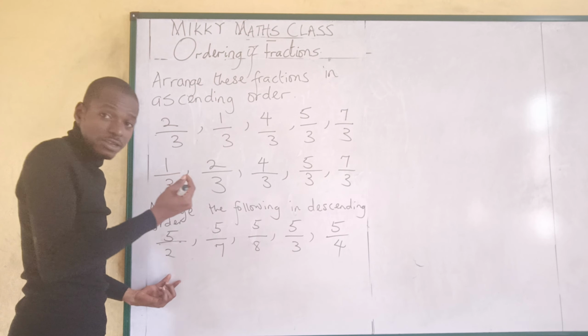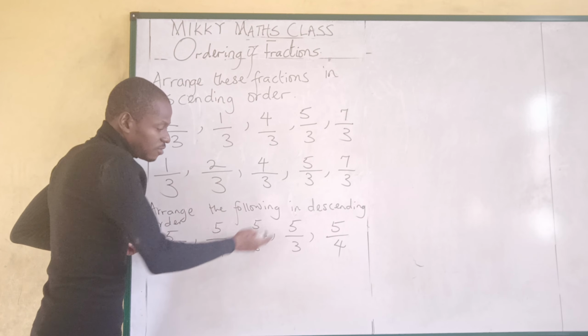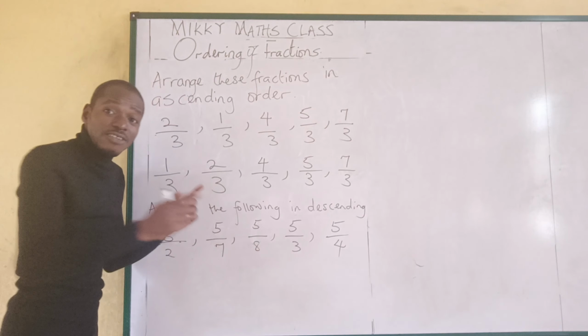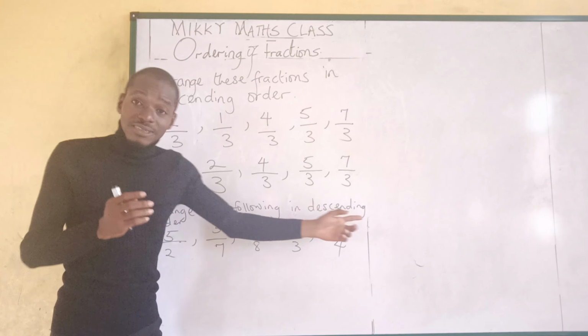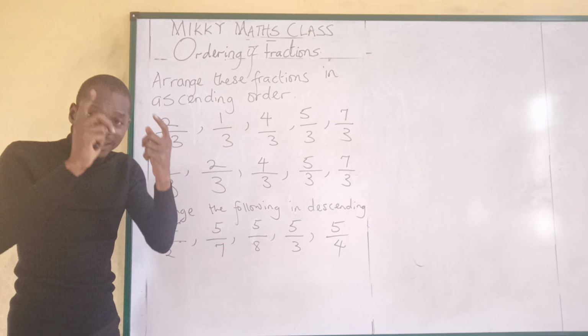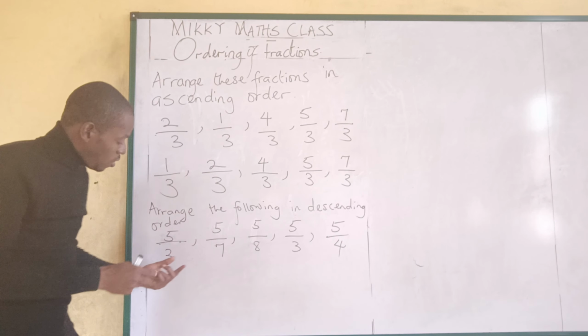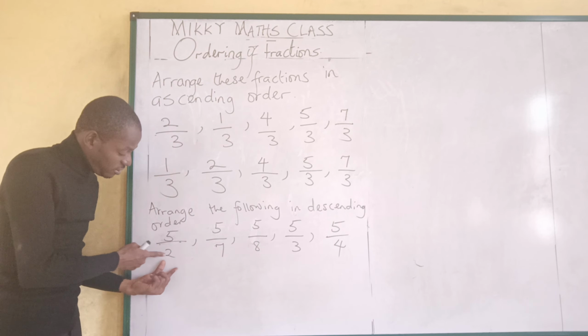In an exam condition, if I have the numerators being the same, no need to solve. All I just need to do is to identify the biggest fraction. Go and look at the one with the smallest denominator.